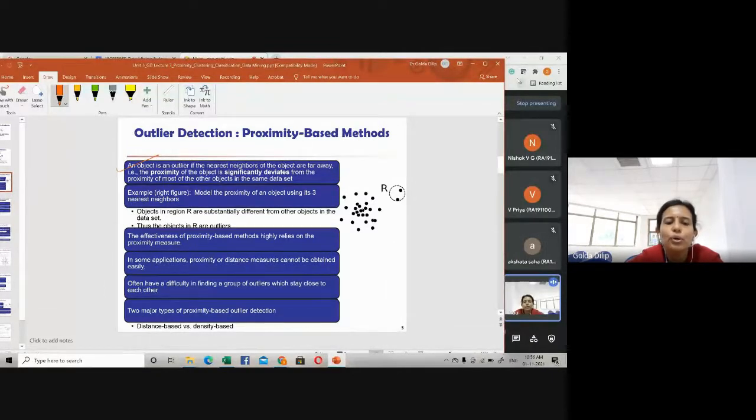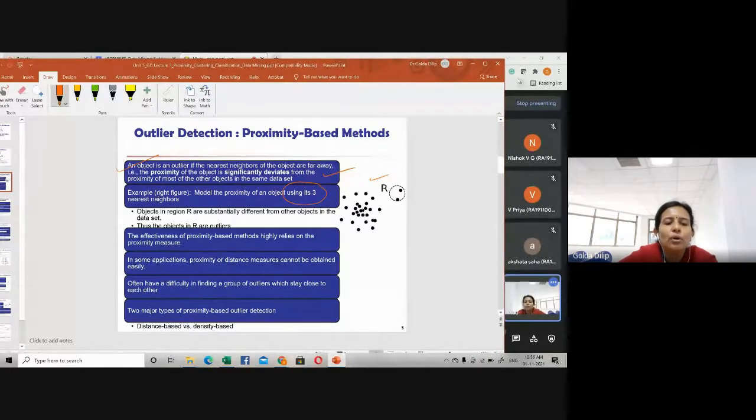With respect to this figure, I'm explaining this part. If we model the proximity of an object using its 3 nearest neighbors, then what are all the objects in region R? They are substantially different from the other objects in the data set. You can see it's far off.